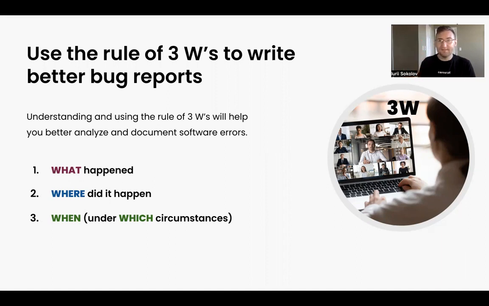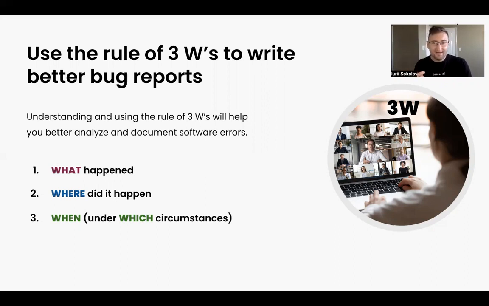Where inside your application, the location, your website, the positioning, everything else. The third W is when, or under which circumstances. So, when you do something. The issue happens on the page when you click this button or when you, I don't know, upload an image or something like that.